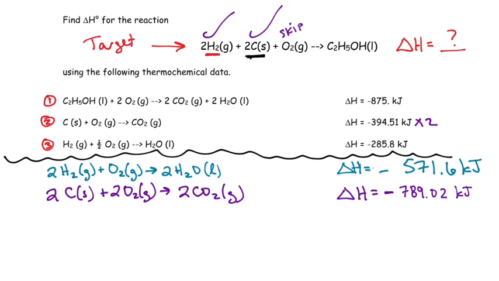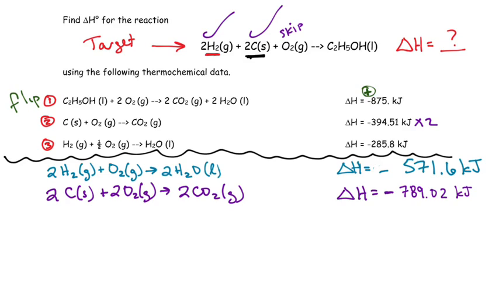We need it as a product. So we're going to take reaction 1, and we're going to flip it. And if you flip it, that means you need to change the sign. We're going to change it to a positive sign when we write it down. And we've got the right number of them, since it's just one of them in the equation, that's a good thing.